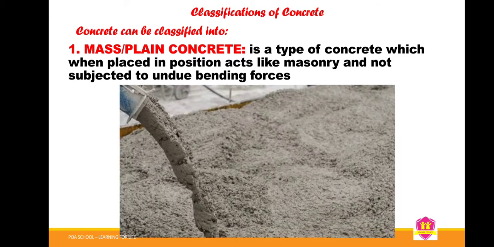This type of concrete does not contain any iron rod placed in it, and such concretes find it difficult to resist load exerted on them. That is why we said they are not subject to undue bending forces.